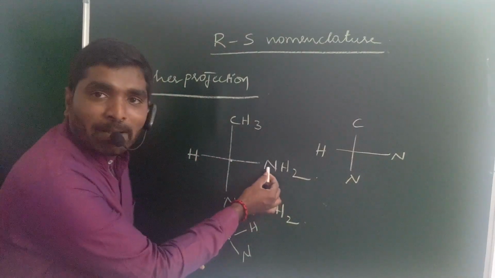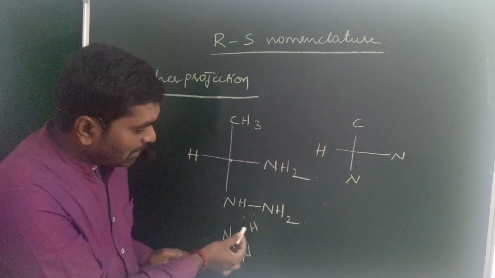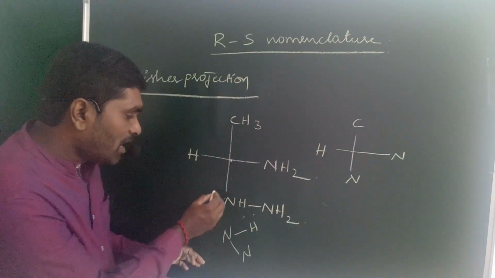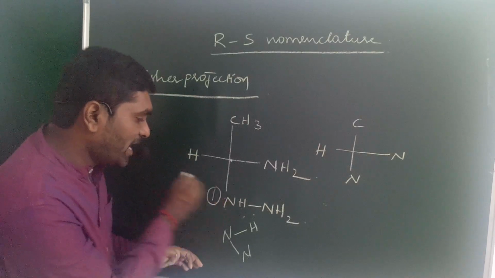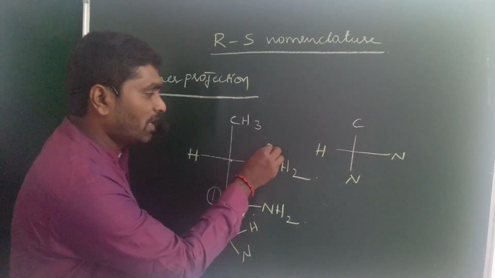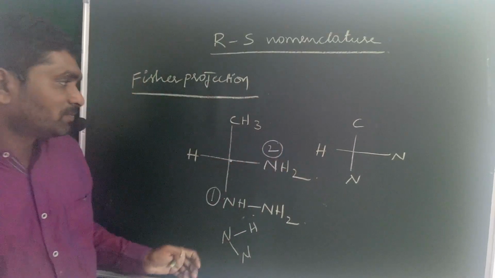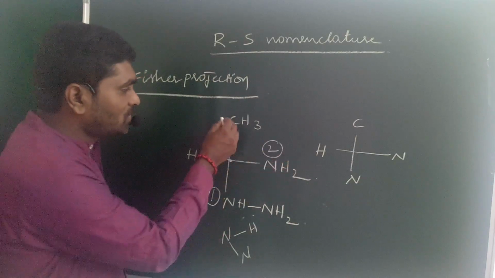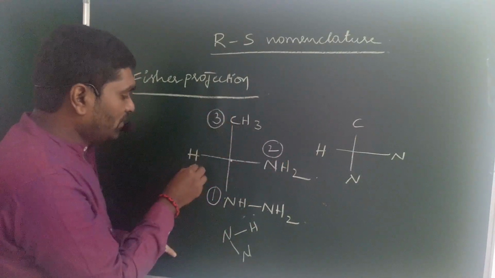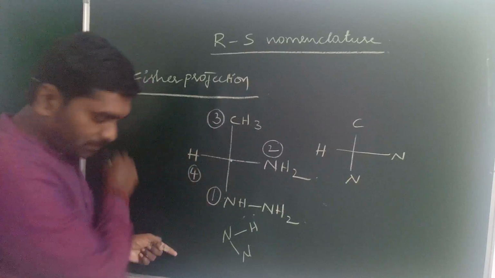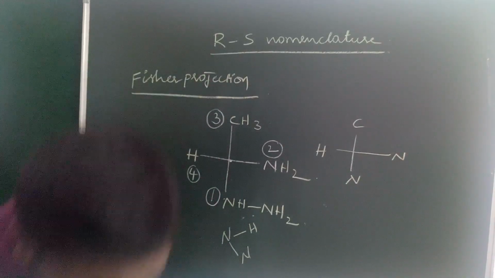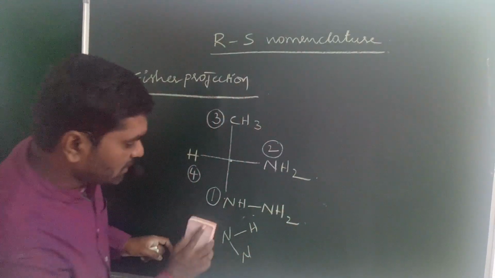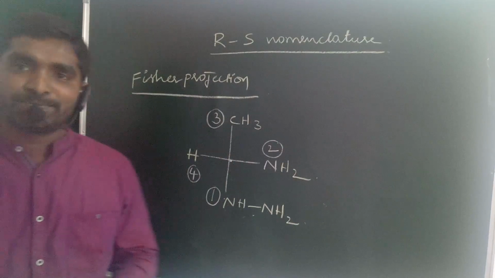So compared with the NH2 group, the below the plane one has the more priority, always this should be the first priority group. After that NH2, this should be the second priority group. Carbon and hydrogen, carbon has the more atomic number, so third priority group, and hydrogen is the fourth priority group.